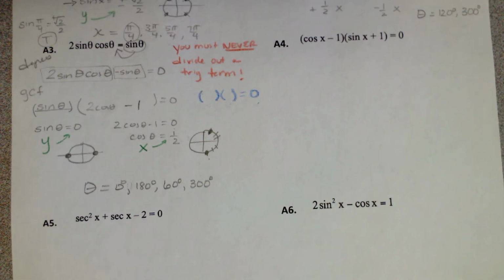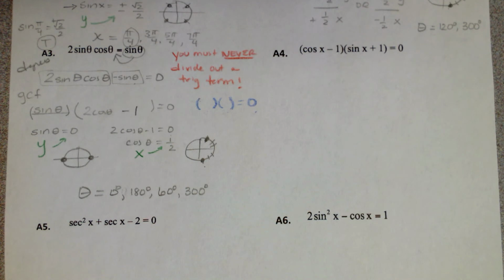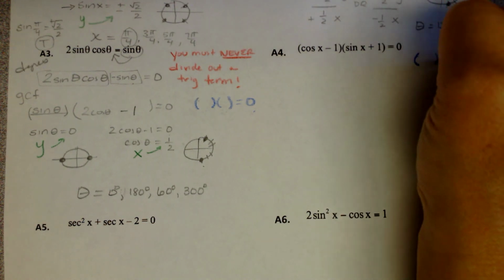Now, when I look at A4, this problem, I think there's a lot of you that are going to think, I should FOIL this. I know how to get rid of parentheses. However, if you take a step back, I actually gave you a very simple problem already in zero product law form.